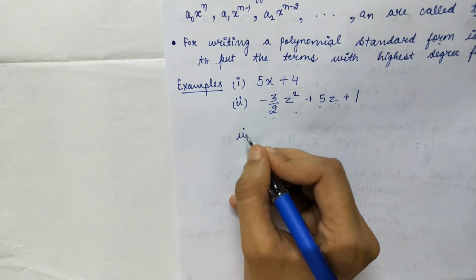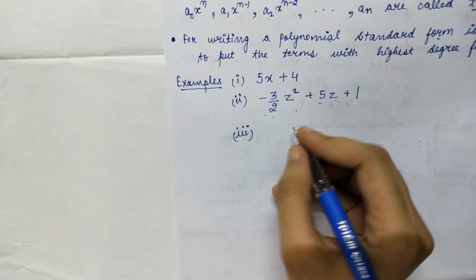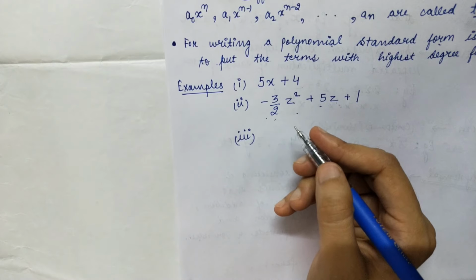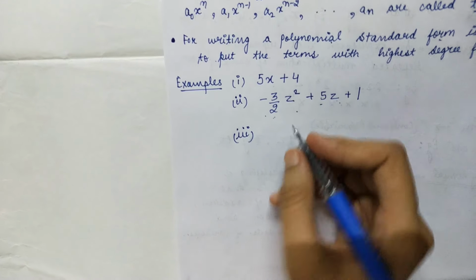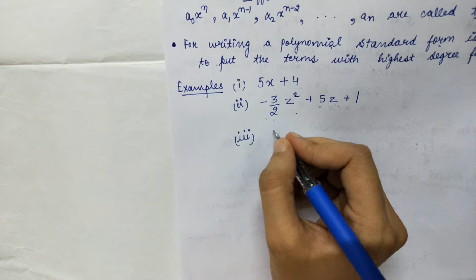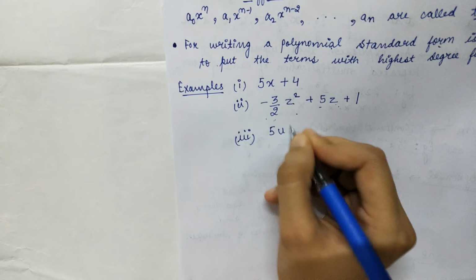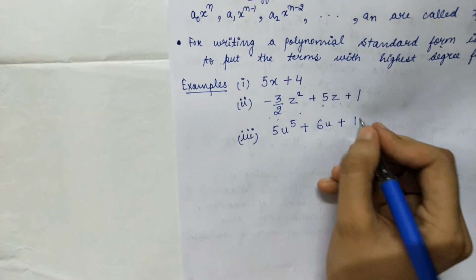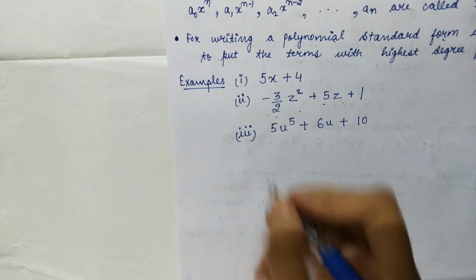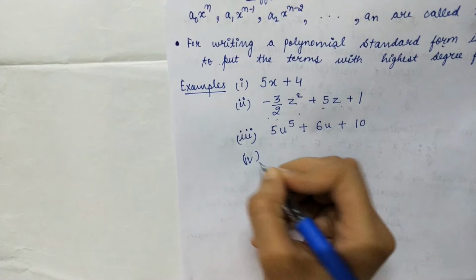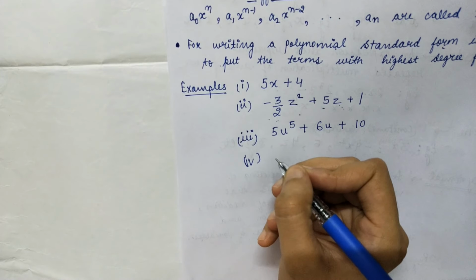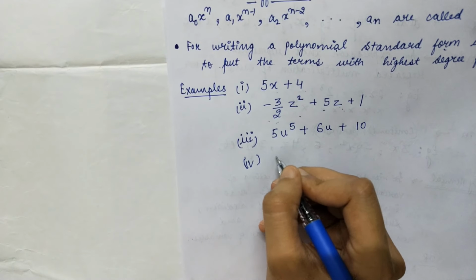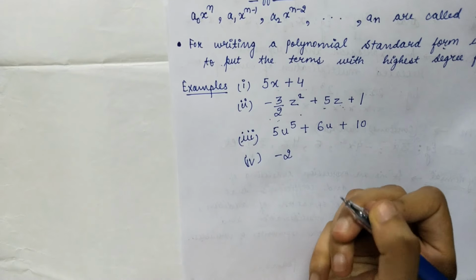These are some examples of polynomials. The exponent can be any power, but it should be a positive power, like 5u to the power 6 plus 6u. This is a polynomial. Any constant, like minus 2, is also a polynomial.